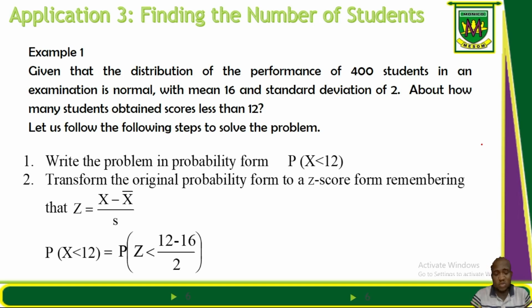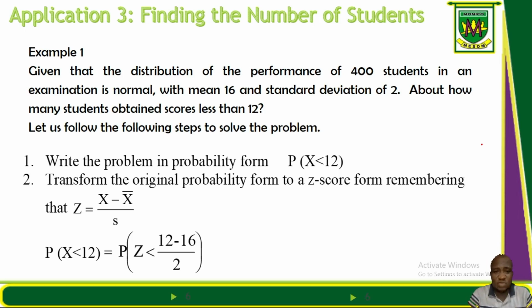Remember, after converting to the normal probability, the z-score, after getting the probability value, just like with the first application, we moved further to multiply by 100. But this time we're not going to multiply by 100. We want to find the actual number of people who are likely to either score above or below or between, as I've been explaining. Let's start with the example here.